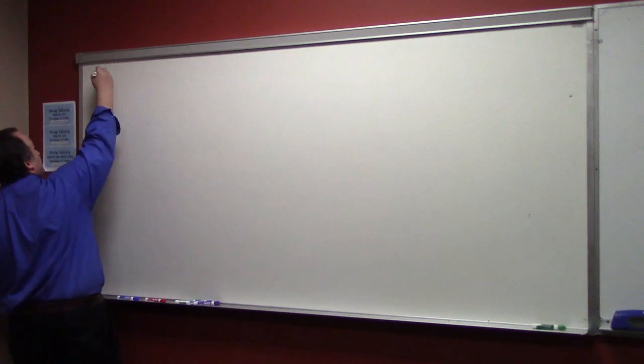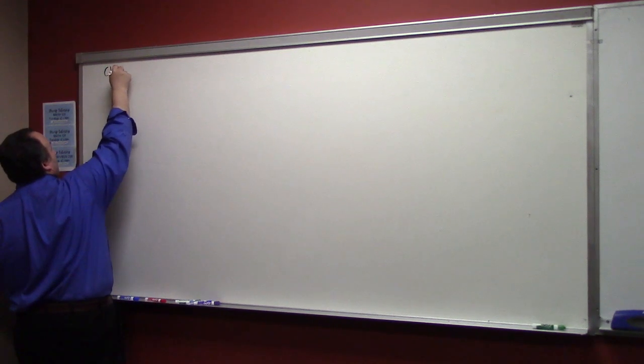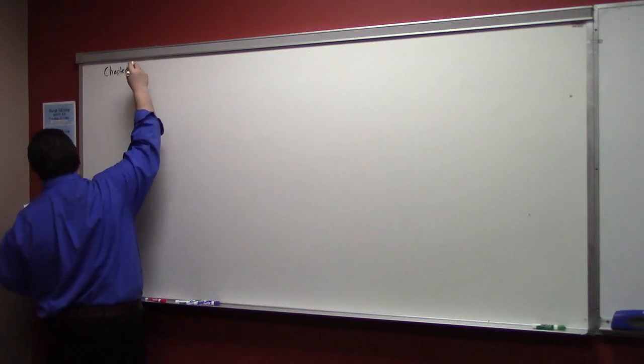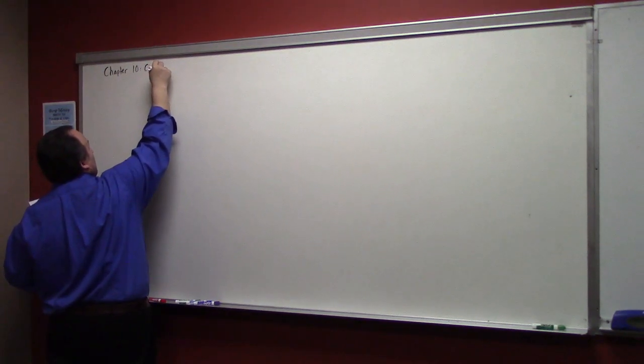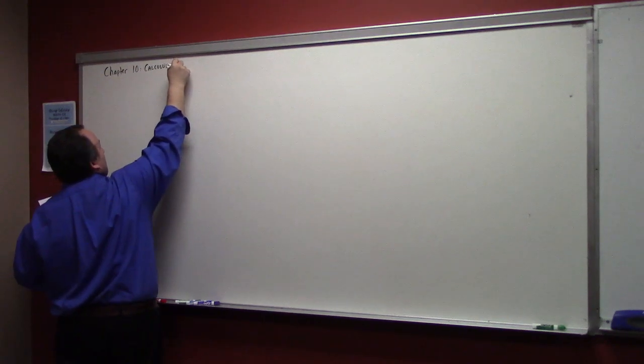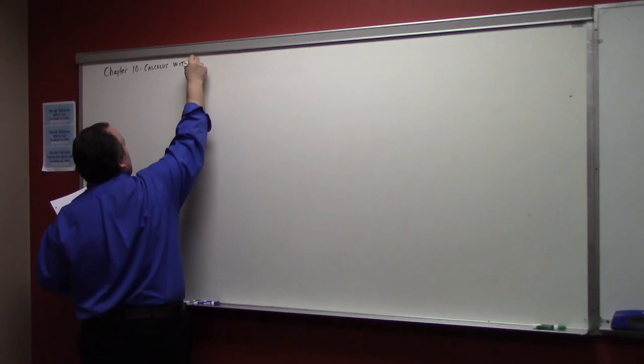So, all right. Chapter 10. And this is my 2015 notes, right? I have entitled it "Calculus with Differential Forms," but it takes me a minute to get to that point.